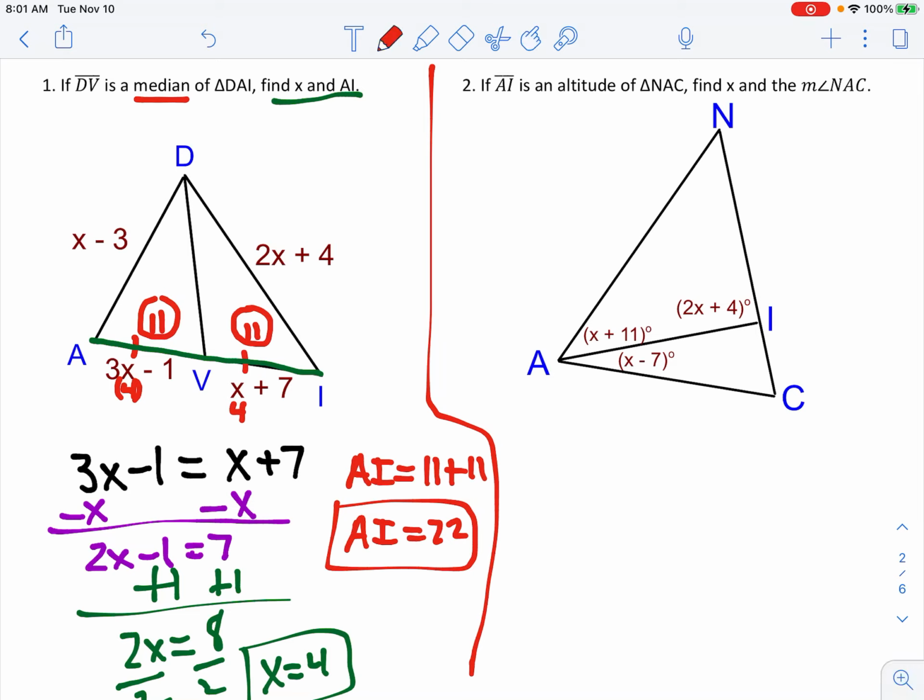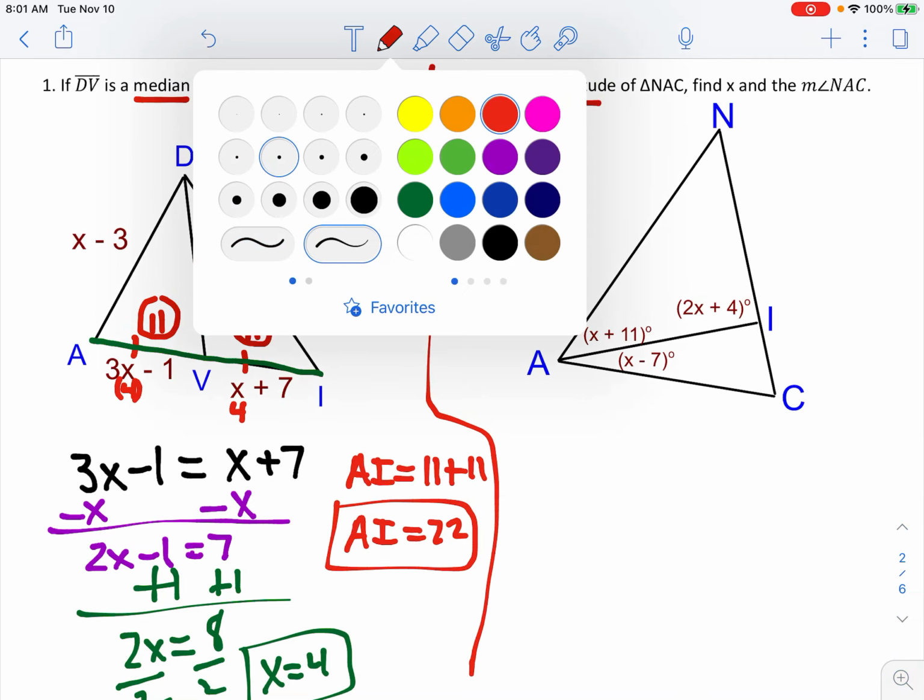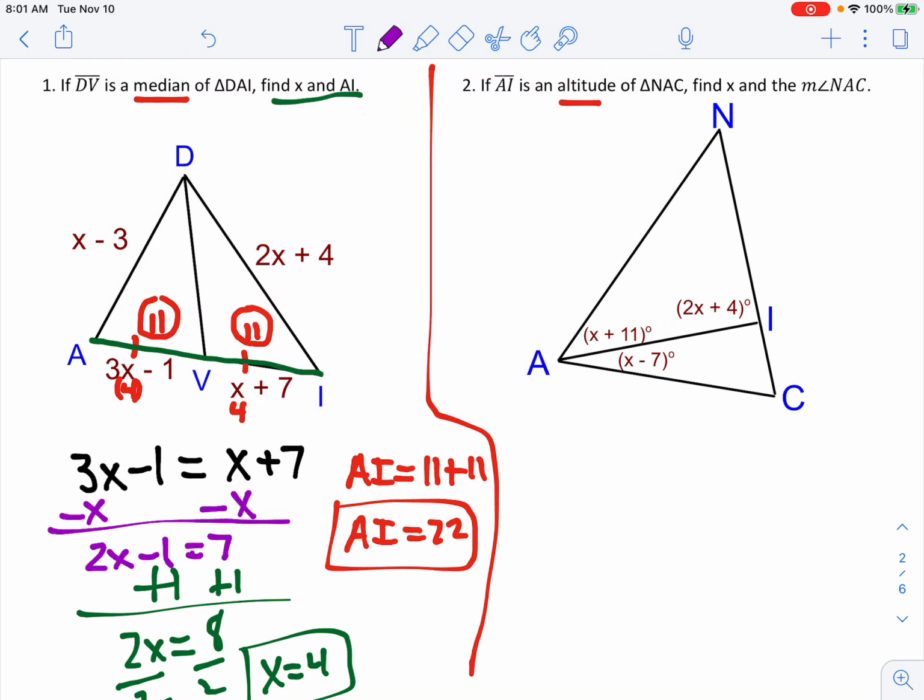Number 2 says it's an altitude. So with an altitude, we know that it forms 90-degree angles. You'll notice I have three equations, but the only equation I can use is the one near the 90 degrees. We know that has to be equal to 90. So I'm going to pick the equation by the 90-degree box and set it equal.